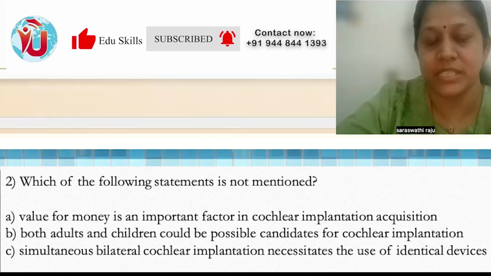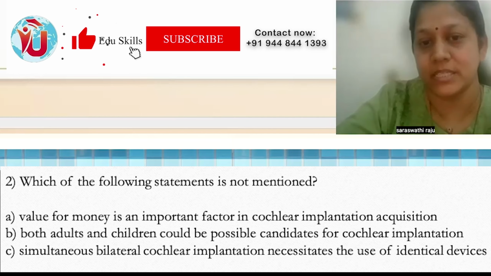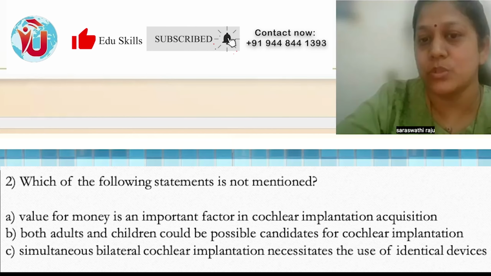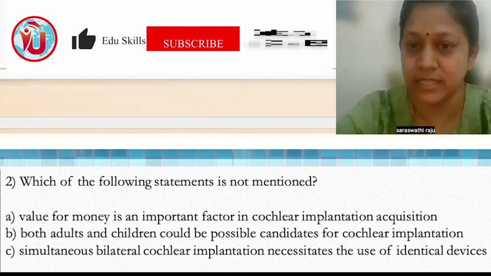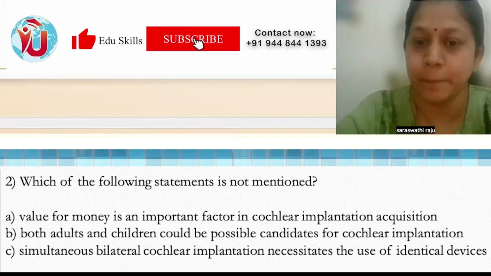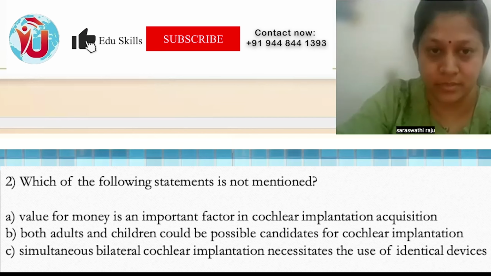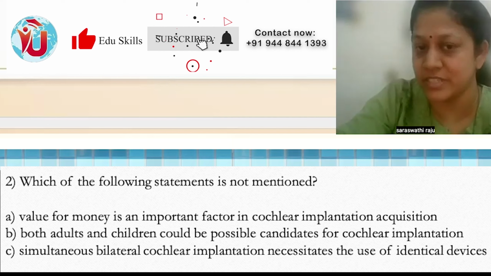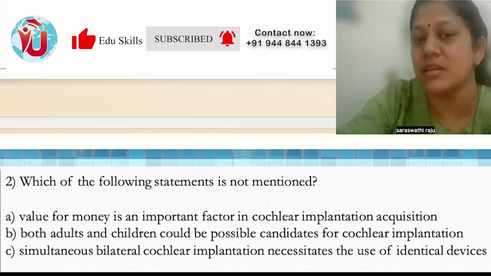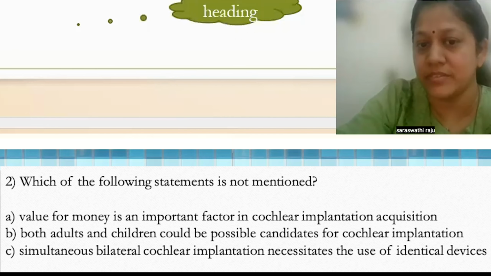Option C, simultaneous bilateral cochlear implantation necessitates the use of identical devices. So here our keyword, our hedging word, is "not mentioned".